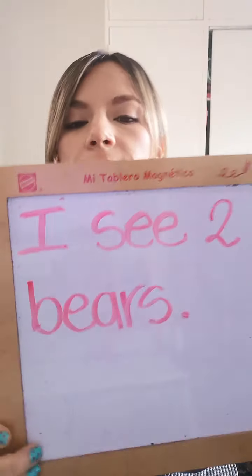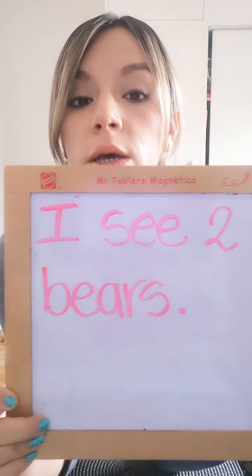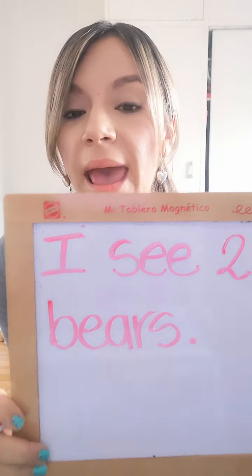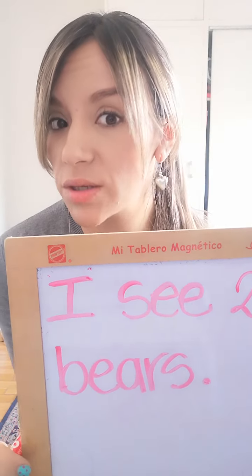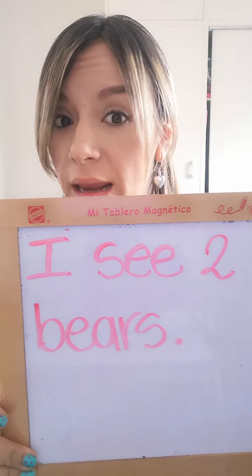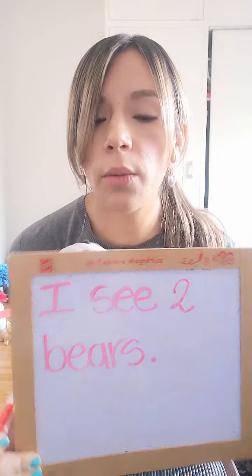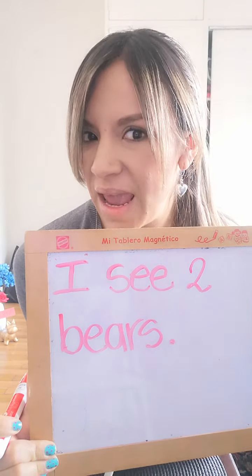Do you see? I see 2 bears. And I don't say I see 2 bear. No, because that will be singular and I need it to be plural because I have 2 bears in my hand. So I will say I see 2 bears.